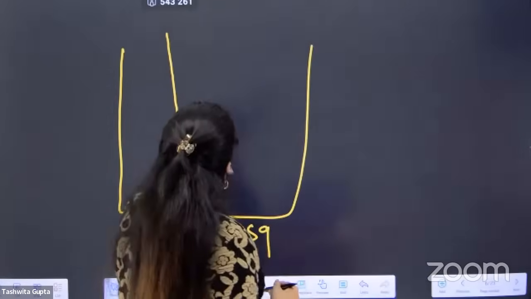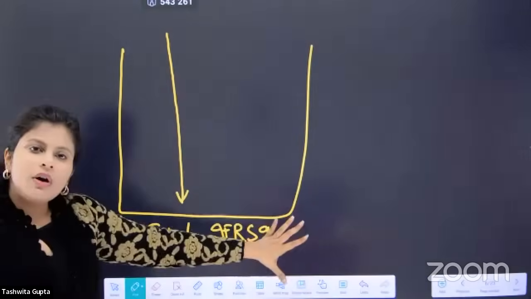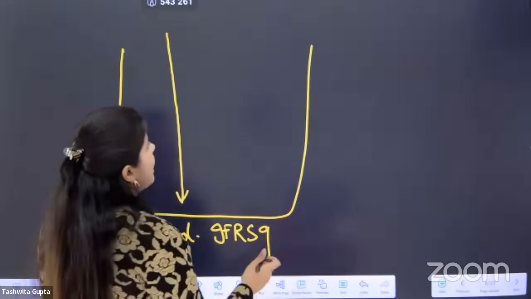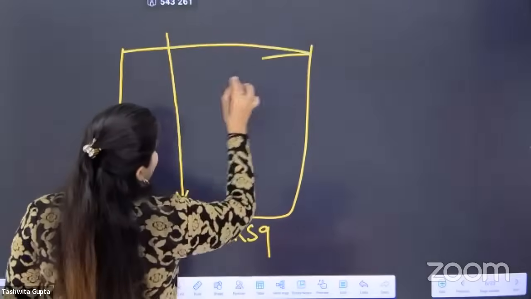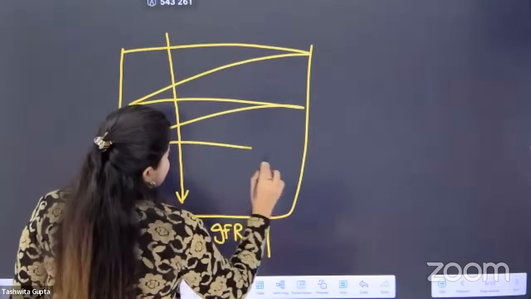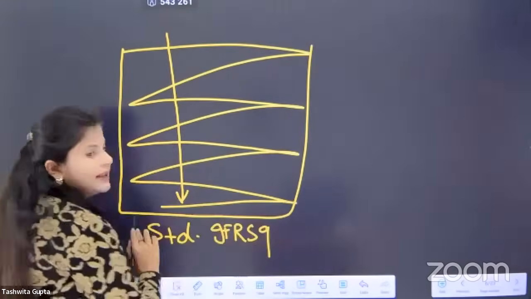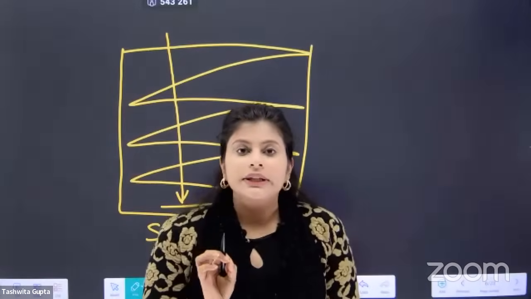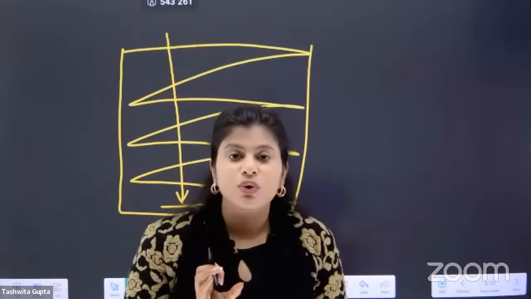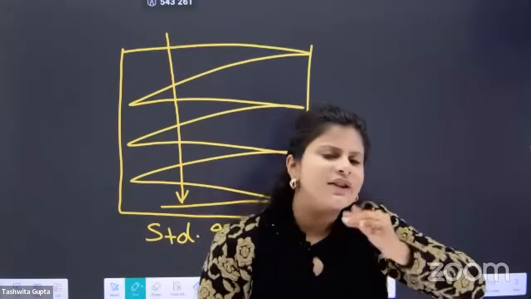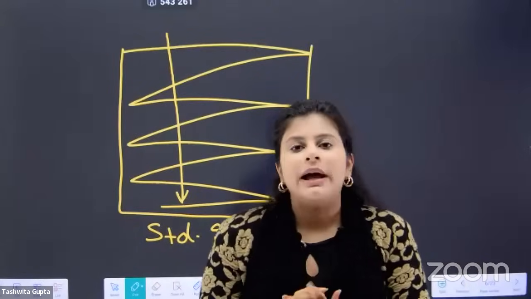So it's not required that I go so much in depth of a topic, but it's very much required that I cover the full topic at least once. That means I know what is there in this standard. I at least know the terms. I at least know that if something would be asked by chance, I'll be able to manage it.